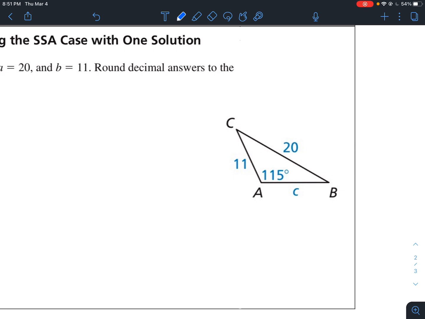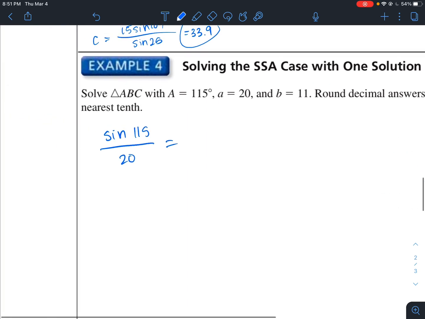Let's pick B, because I don't know the angle for B, but I know the side length across from B, as opposed to C. I don't know angle C, and I don't know the side length across from C. So let's use B.